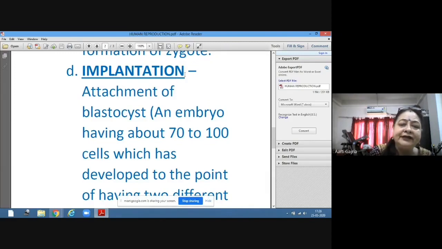So, implantation is the term for the attachment of the blastocyst. As you told me, fertilization takes place in the fallopian tube. After fertilization, the zygote is formed, which is diploid in nature, and this zygote will divide mitotically: 1 to 2, 2 to 4, 4 to 8, 8 to 16, 16 to 32, like that.